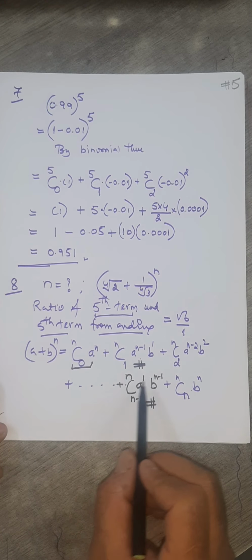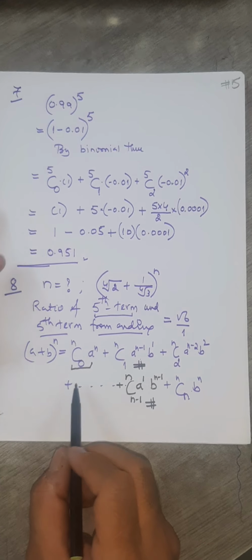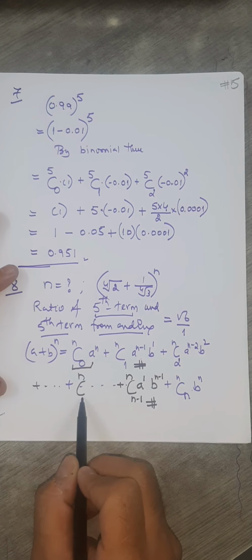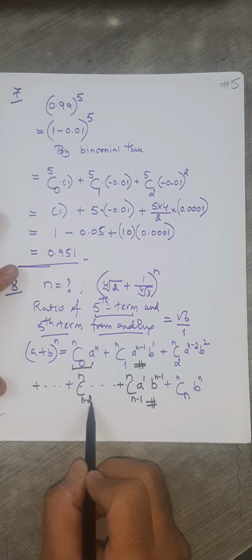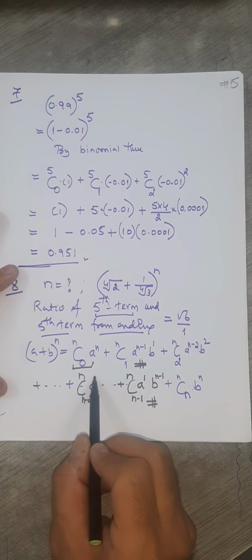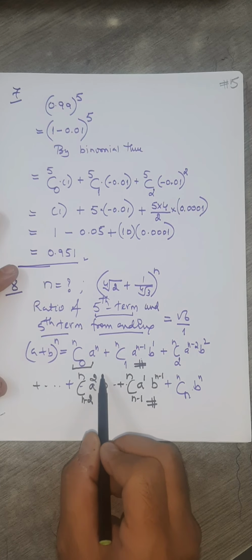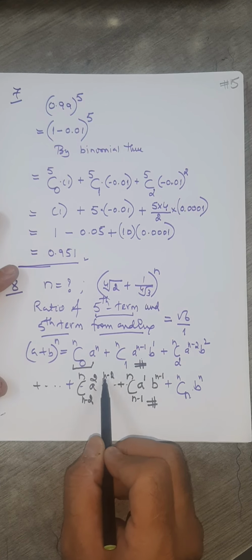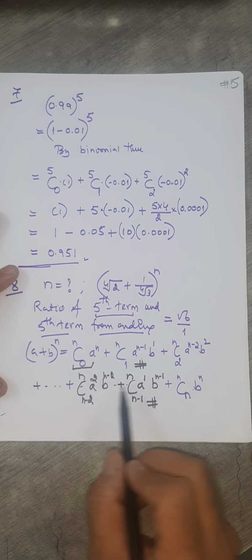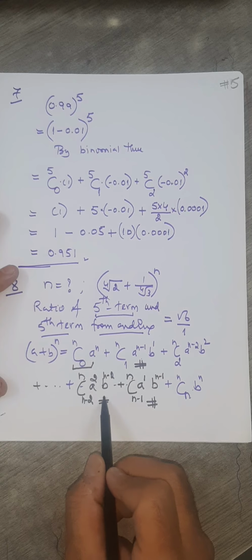If you write the previous term, here it is nc2. I'm just writing previous term. Let me write here nc. What is the previous term? n minus 2. What about the power of a here? It will be 2. And what's the power of b? It will be n minus 2. N minus 2 plus 1, n minus 1 plus 1. So it is n, remember, increases. So look at this.